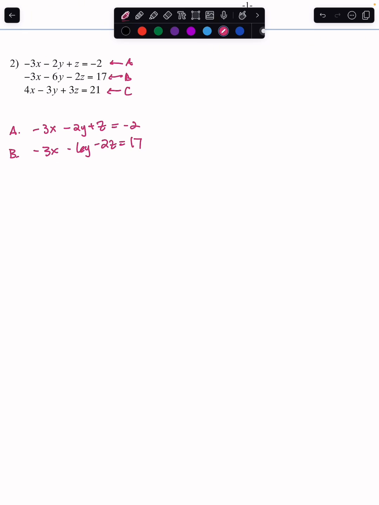So what I'm going to do to line A is multiply line A by 2, because that's going to give me a positive 2z down there. So 2 times negative 3 is negative 6x minus 4y plus 2z equals negative 4. And that bottom line, I didn't touch.